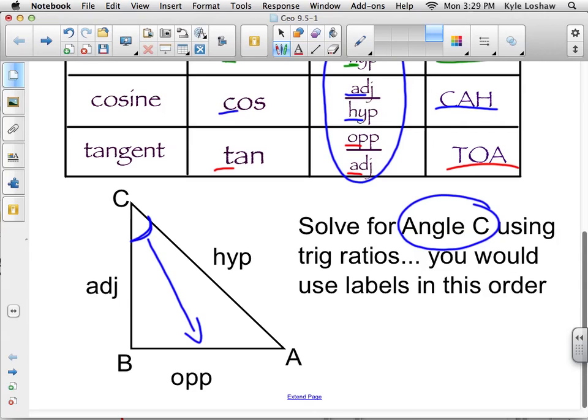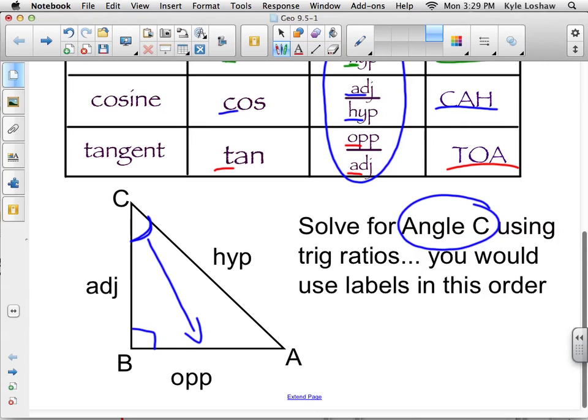Adjacent is our side length that is not the hypotenuse that creates the angle. Here's our right angle. The hypotenuse is opposite the right angle, and our adjacent side is the third side, the one connected.